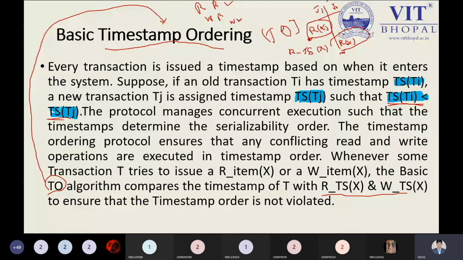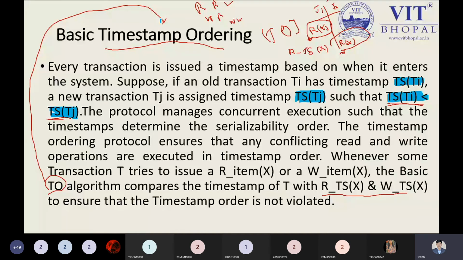The protocol manages the concurrent execution such that the timestamps determine the serializability order. The timestamp protocol ensures that any conflicting read and write operations are executed in timestamp order. Whenever a transaction T tries to issue a read item on X or a write item on X, we use a small algorithm that is part of timestamp ordering.